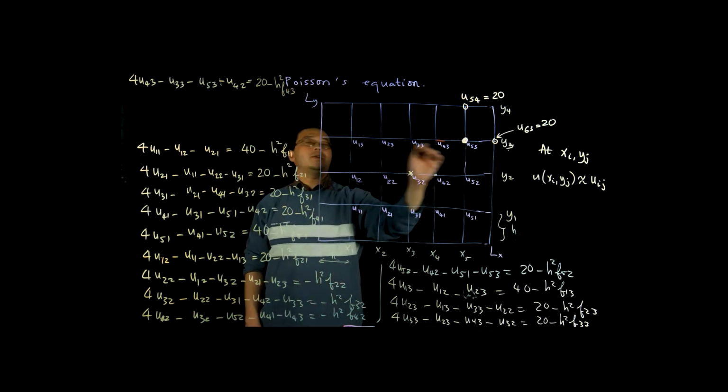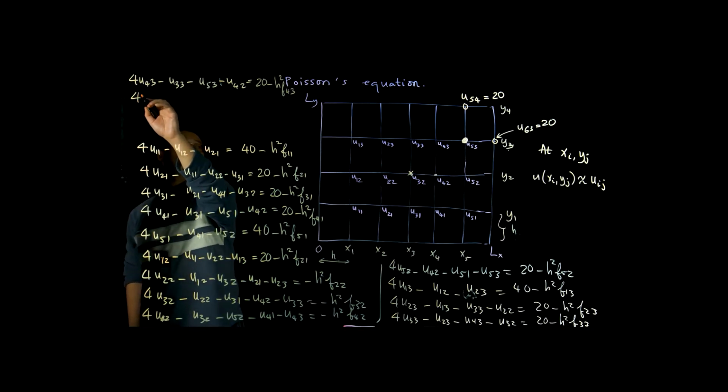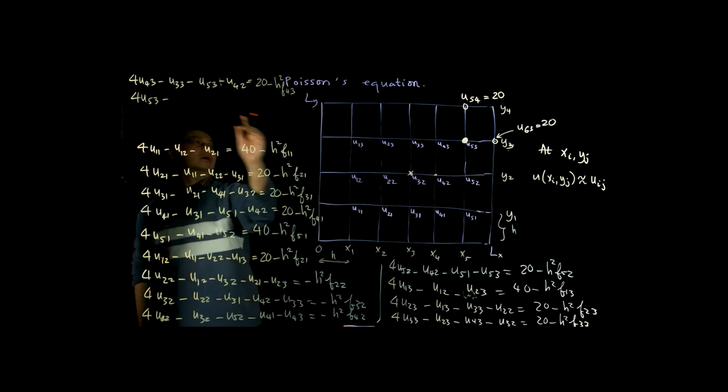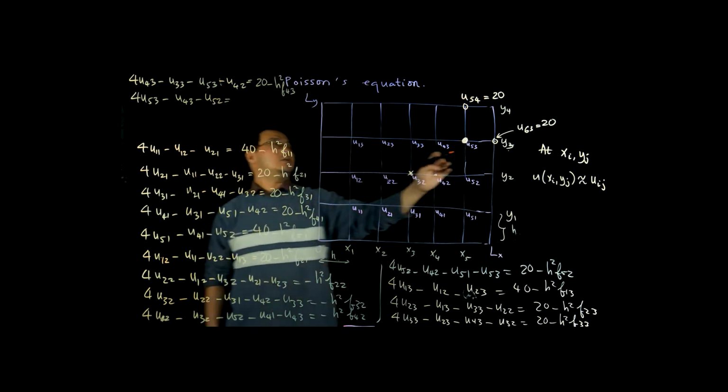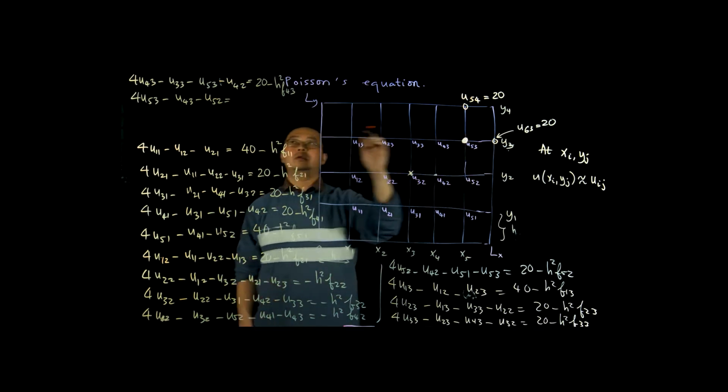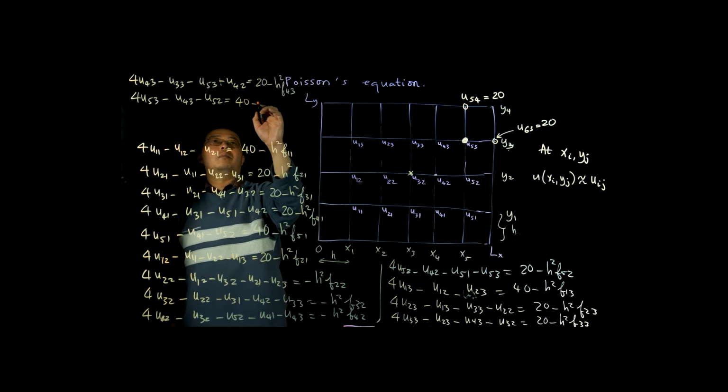And then the last equation is 4 U53 minus U43 minus U52, and because you know the value here, 20 and 20, it becomes 40 minus h squared f53.